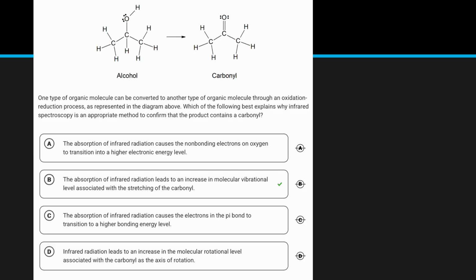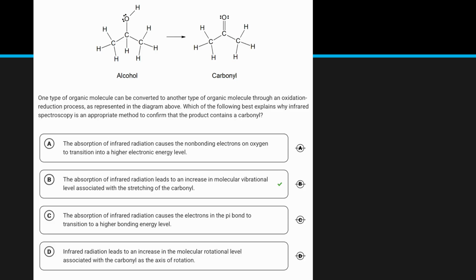So A says infrared causes electrons to move to a higher energy level. That is electronic transitions, which happen with UV light, not infrared radiation. B says absorption of infrared radiation increases molecular vibrations. That one is the correct answer.